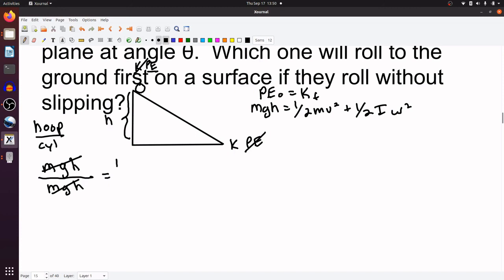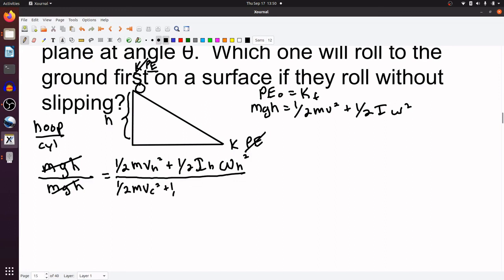And then on this side, we're going to have 1/2 of M. The velocities are different, so I have to put v_H squared for the velocity of the hoop, plus 1/2 of I hoop. Remember, the masses might be the same, but not the rotational inertia, so it's I_H and then omega_H squared. And then that's over 1/2 of M v_C squared, plus 1/2 of I_C omega_C squared.